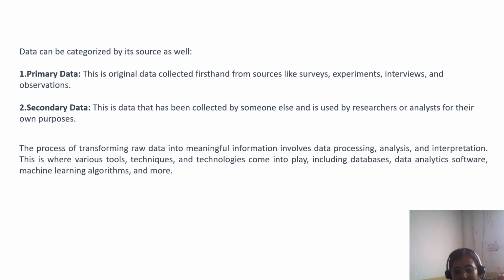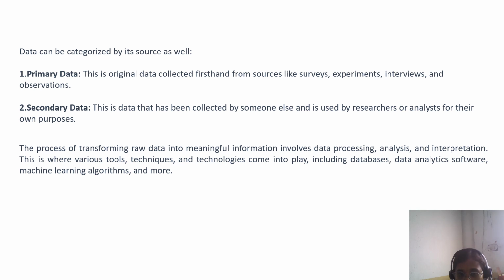Primary data is the original data collected first-hand from sources like surveys, experiments, interviews and observation. And secondary data is data collected by someone else, for example researchers collect data for their research purpose, and that data set we are using again, that is known as secondary data.